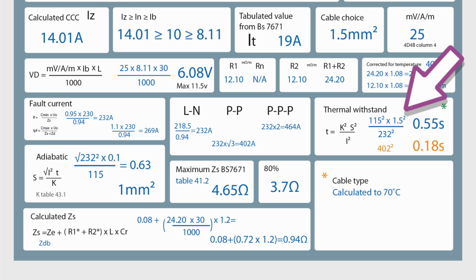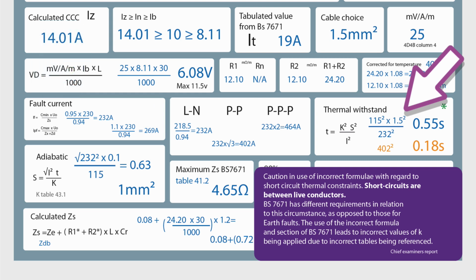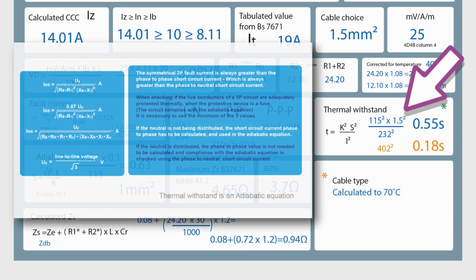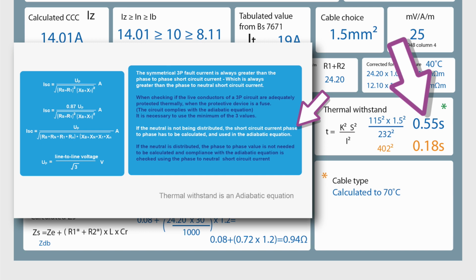But what about our live conductors? We need to know that they won't go over their final temperature before the protected device is operated. So we do the thermal withstand. This time we're looking for time. So K squared times S squared divided by I squared. And we get a time of 0.55 seconds. That's for the fault current between live and neutral.